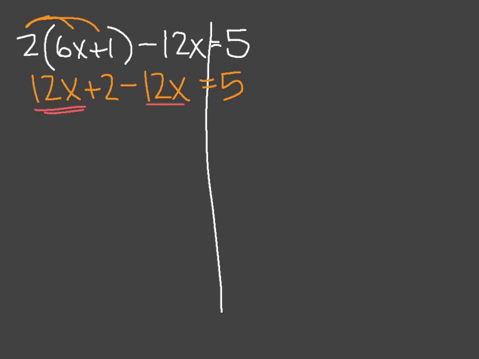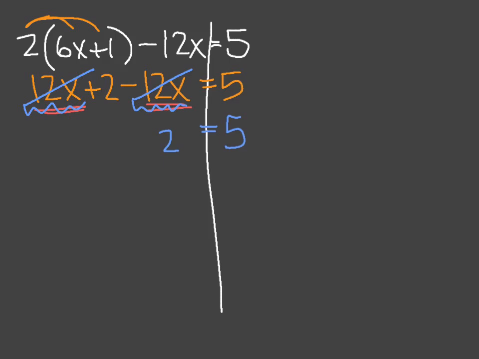Now, when I look at my variables, I see that I have two x's on the same side, so I can go ahead and combine those. But if I put a 12x with a negative 12x, what I actually end up with is 0. 12 minus 12, or 12 plus negative 12, is 0, and my x's completely cross each other out. So all that's left is this 2 and 5.